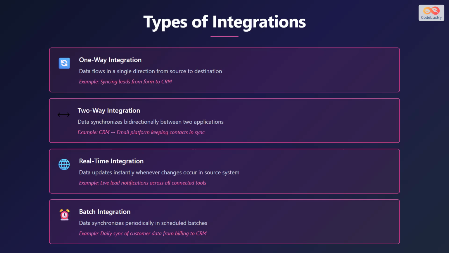Real-time integration updates data instantly whenever changes occur in the source system, enabling live lead notifications across all connected tools. Batch integration synchronizes data periodically in scheduled batches, like a daily sync of customer data from your billing system to your CRM. Each type serves different needs depending on how immediately you need your data updated.